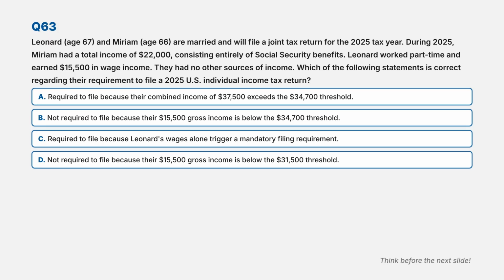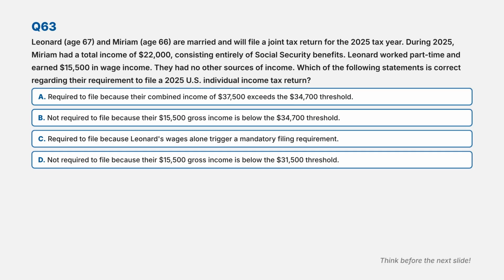Which of the following statements is correct regarding their requirement to file a 2025 US individual income tax return? A. Required to file because their combined income of $37,500 exceeds the $34,700 threshold.